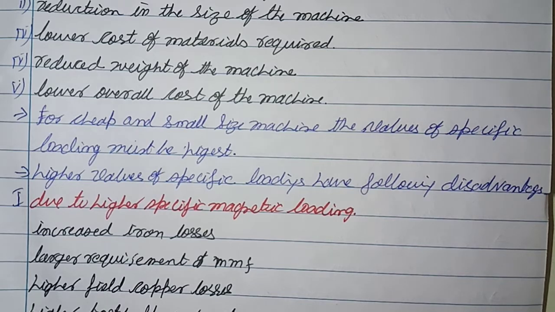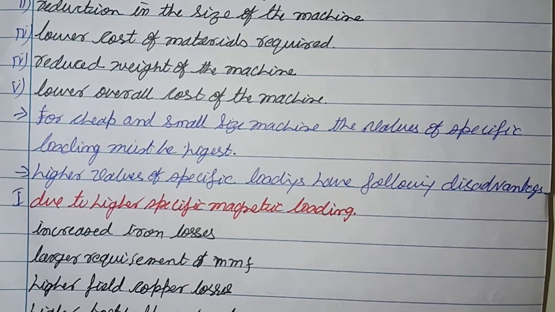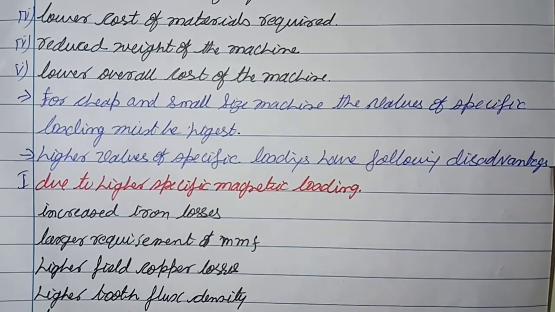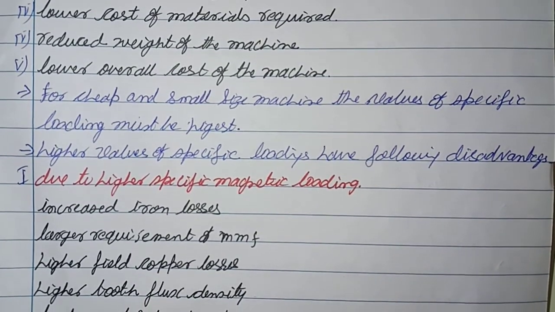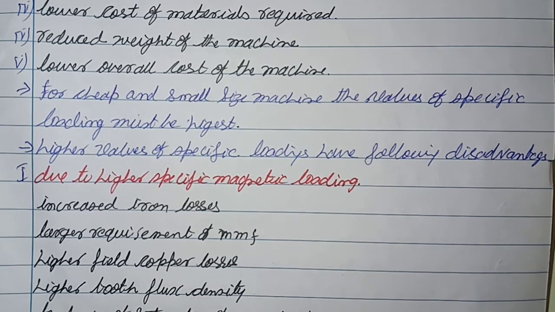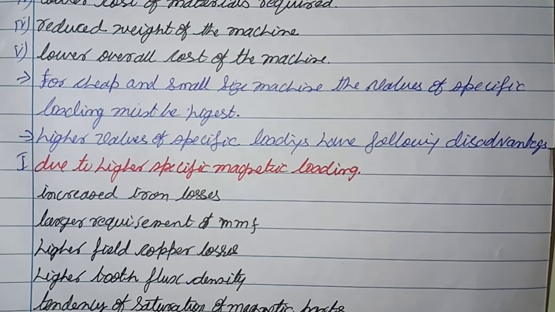Then higher field copper losses, because the current should be more to increase the flux, and more current means more I square R losses. And then higher tooth flux density, because of the smaller size, so we'll have large values.